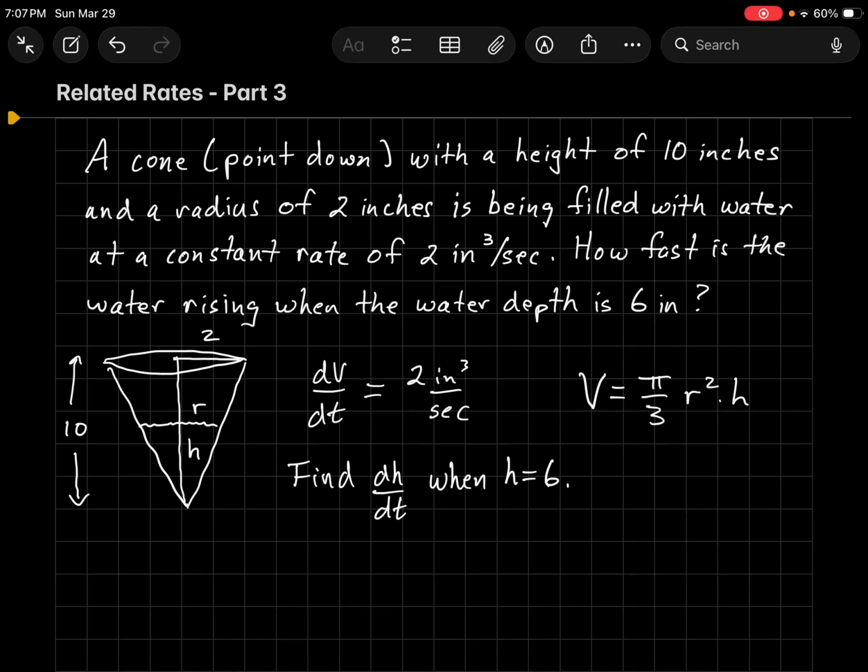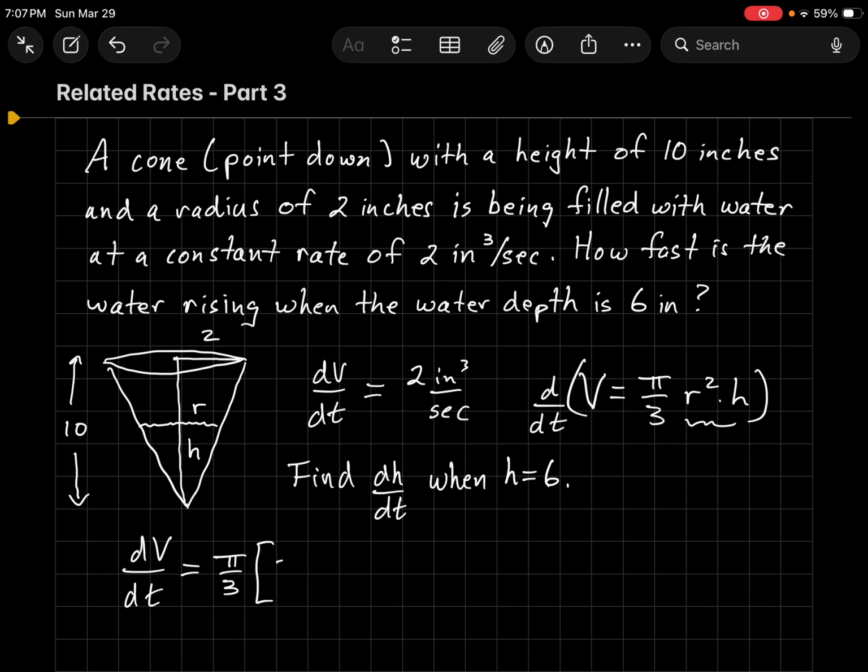And at this point, I don't see anything else, so I'm going to take the derivative of my equation with respect to time. So I get dV/dt on the left side. Great. I'm going to pull out my constant. I like to leave the constant alone. And then I'm going to do a product rule on r squared h.